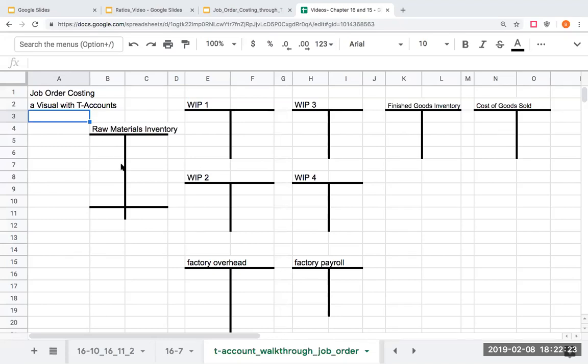Job order costing is different because we're making everything for the customer. I need to keep track of my customer separately because I am essentially doing things on a custom basis.